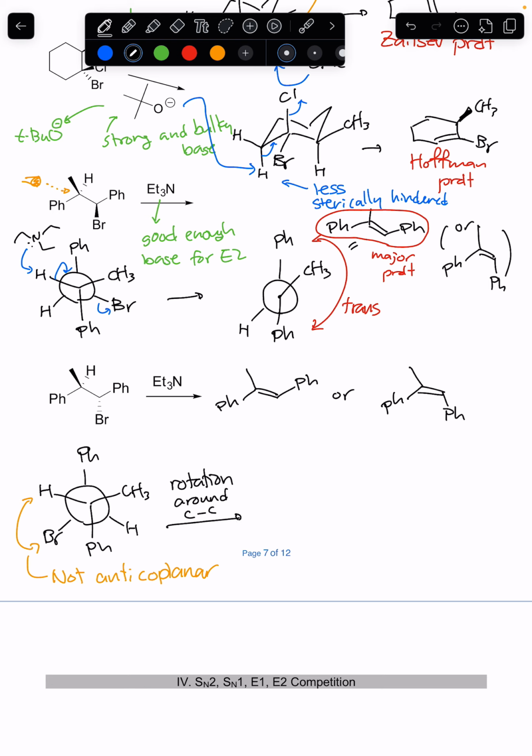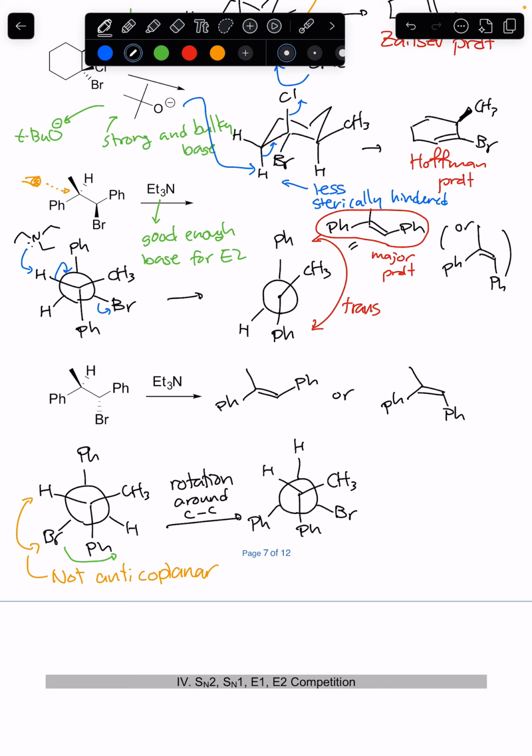I'm gonna keep the front groups the same, but if this rotates, let's say in this direction, the bromine and whatnot rotates in that direction, so the bromine's over here, then hydrogen's over here, and the phenyl group will be over here. Hope that makes sense.